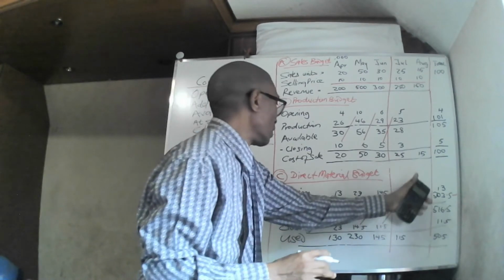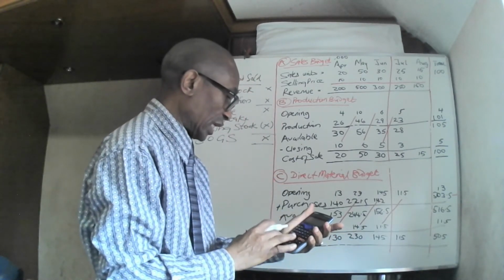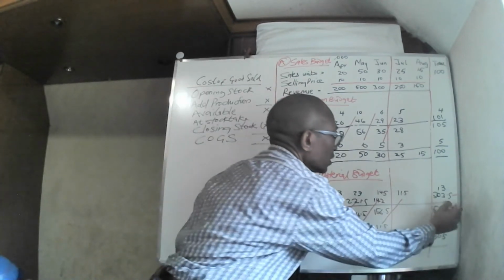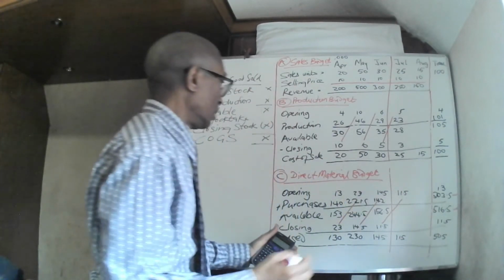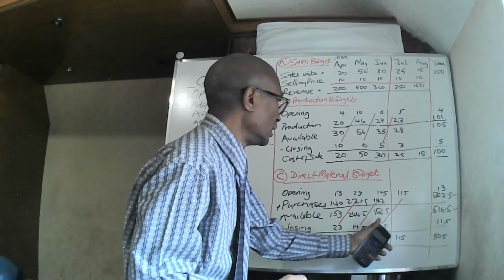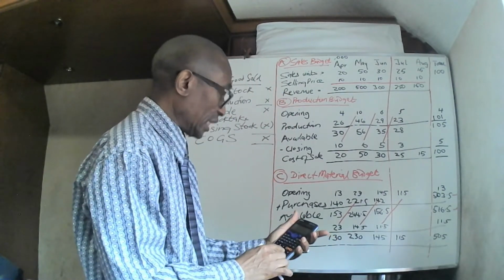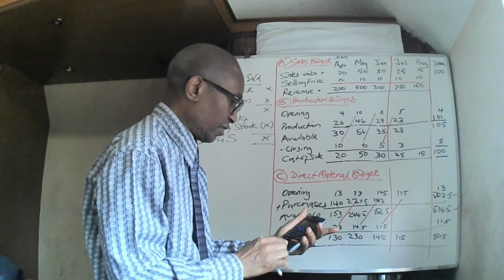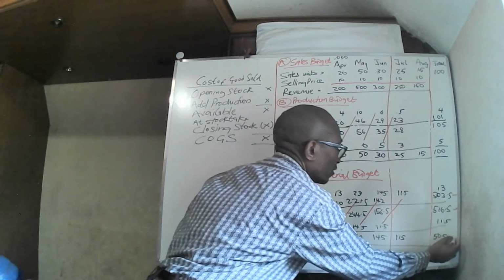Then this plus that will give me total available, plus 13, correct? Closing is the closing here, 11.5. Take it off from total available, minus 11.5, 545.